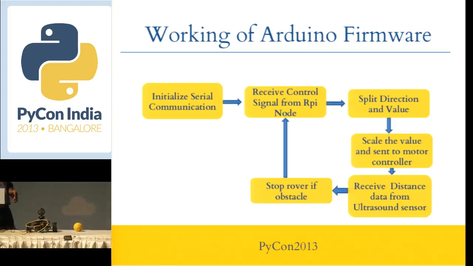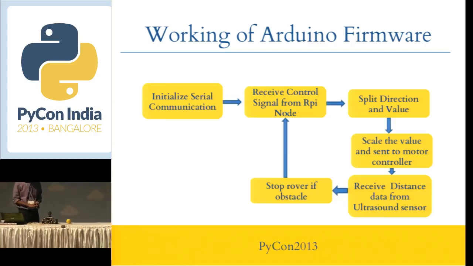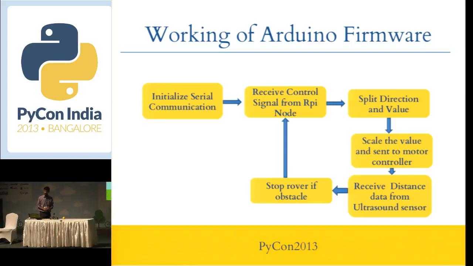So this is the block diagram for the Arduino firmware. First it initiates the serial communication, then it receives the data coming from the Raspberry Pi, then it splits the direction value.